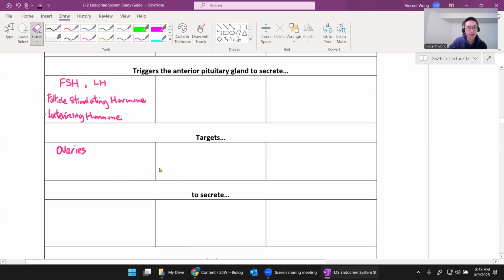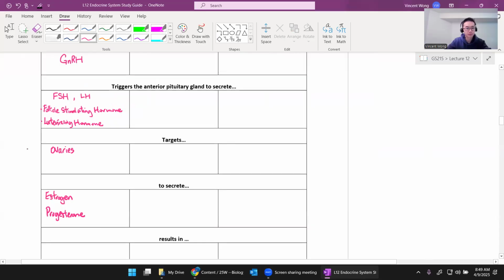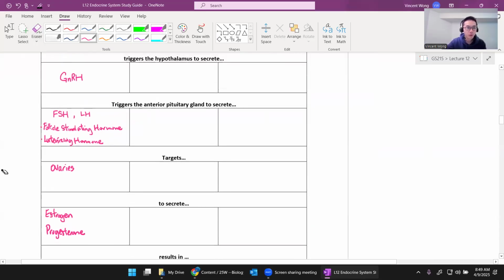Well, ovary is going to secrete, depending on which phase we're talking about, it could secrete estrogen, right, for the follicular phase, and then progesterone. Now, what does progesterone do?